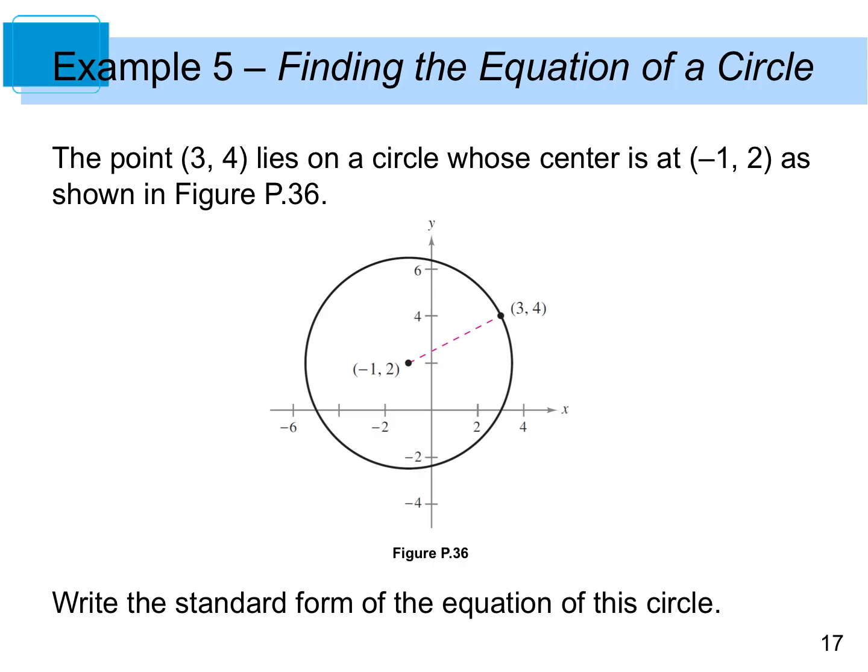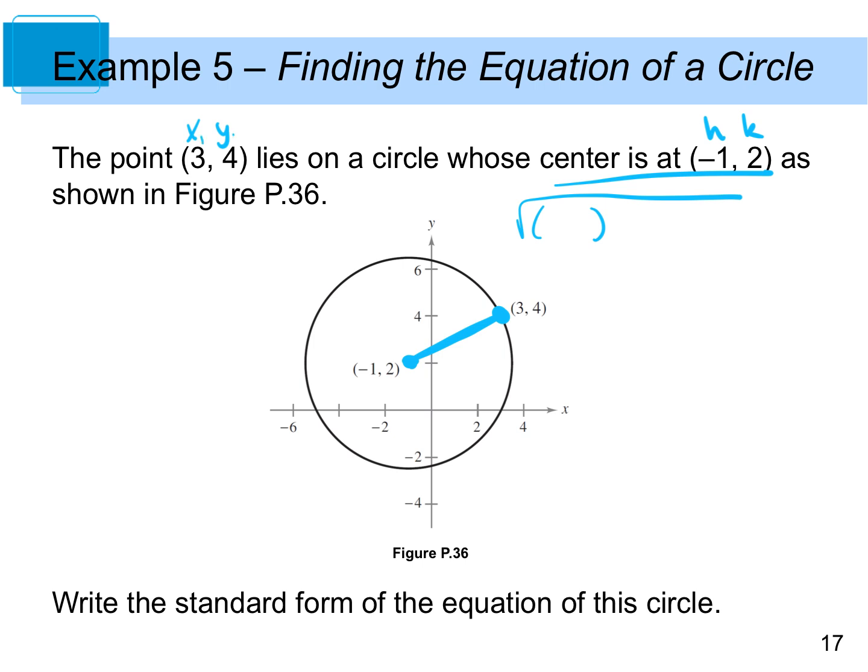In example 5, it says the point (3, 4) lies on the circle whose center is at (negative 1, 2). The center is our h and k. A point on the circle can be our x and y, and we have to find the radius. So we want to find the distance between the center and the point on the circle, so we can use our distance formula. We have the square root of (x2 minus x1) squared.